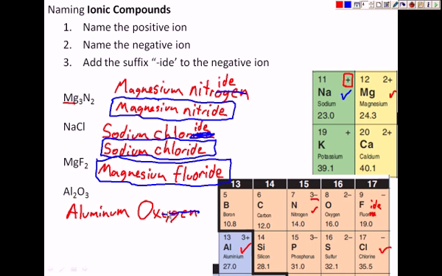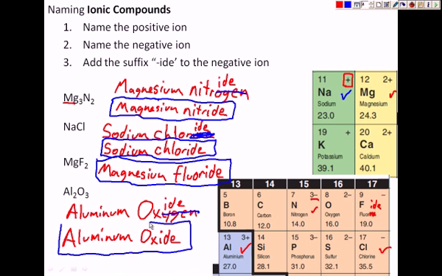We have to remove these 4 letters, and we can write "ide." So aluminum oxygen becomes aluminum oxide. And that's how we can name ionic compounds.